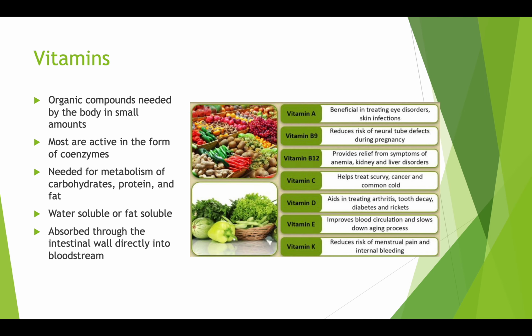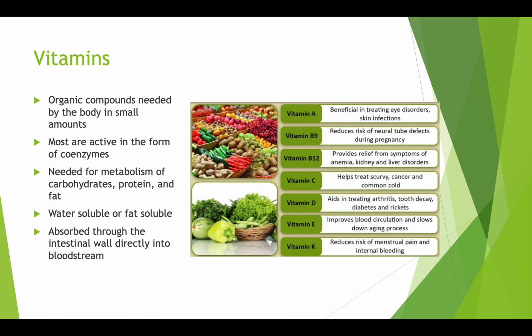Okay, vitamins. Vitamins are organic compounds needed by the body in small amounts. Most are active in the form of coenzymes. They're needed for metabolism of carbohydrates, proteins, and fats. They're water-soluble or fat-soluble, depending on what the vitamin is, and they're absorbed through the intestinal wall directly into the bloodstream.